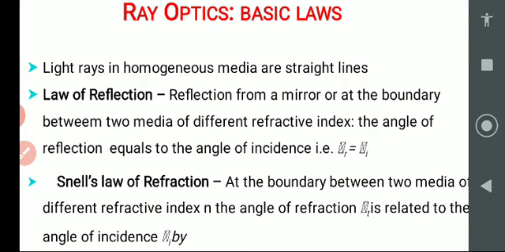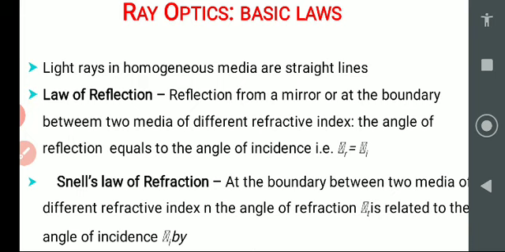So when the light ray encounters a boundary which separates two different refractive indices, some portion of the light is reflected back into the first medium, that is core, and the other portion is refracted, or bent, into the second medium.